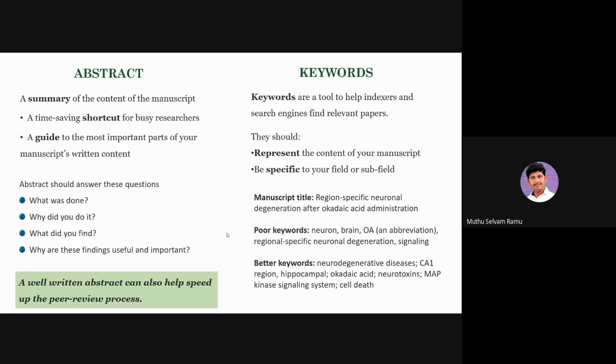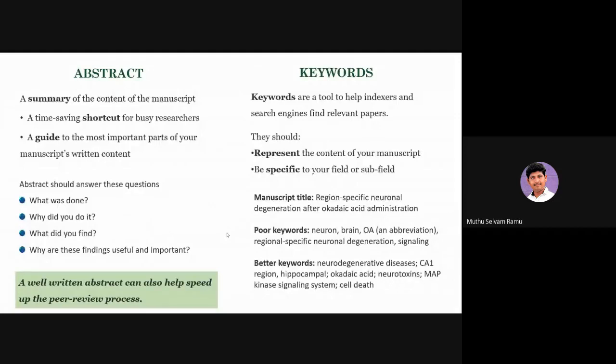What is a poor keyword and what is a better keyword? For example, if the title of the manuscript is region-specific neuronal degeneration after kainic acid administration, read the content. What should be a good keyword for it? Words like brain, neuron, signal or degeneration might be present many times in the manuscript, but they should not serve as keywords.